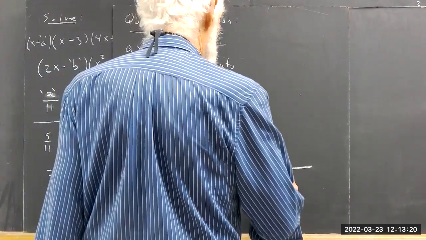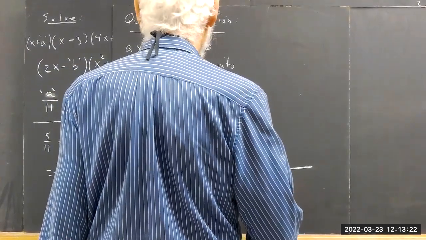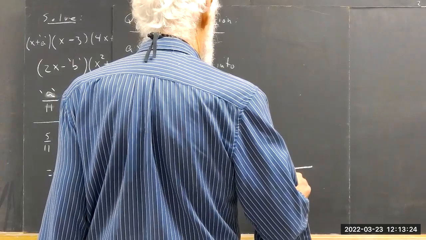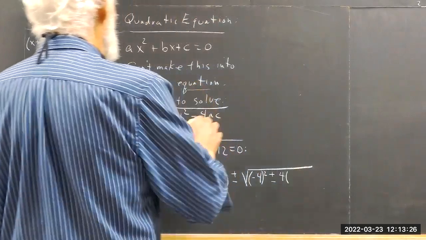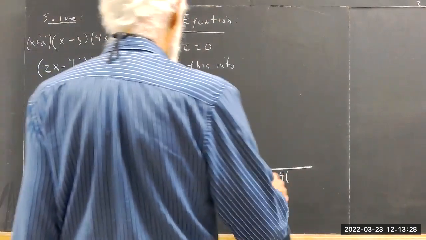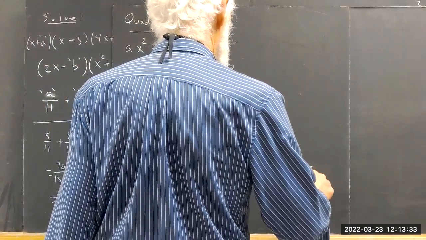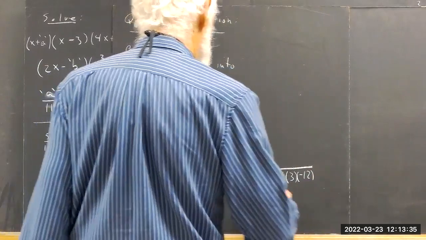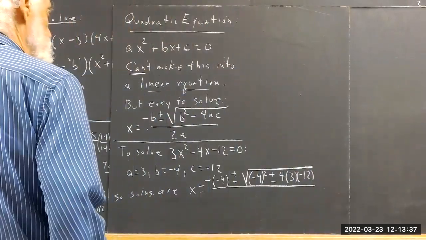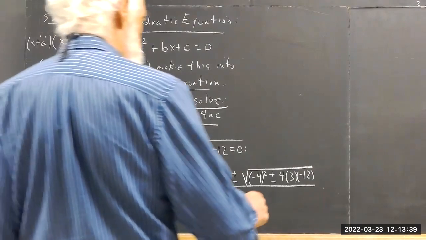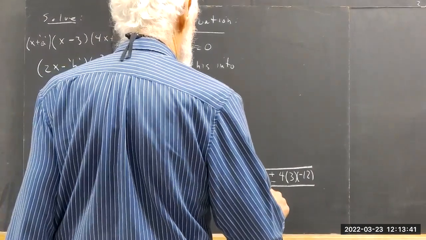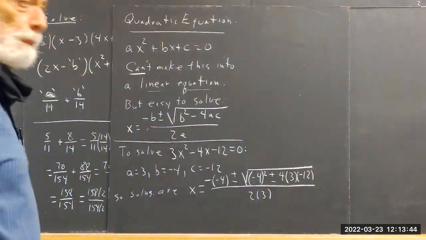Then it's plus or minus 4a, which is 3, c, which is -12. And then we divide this by 2 times 3.